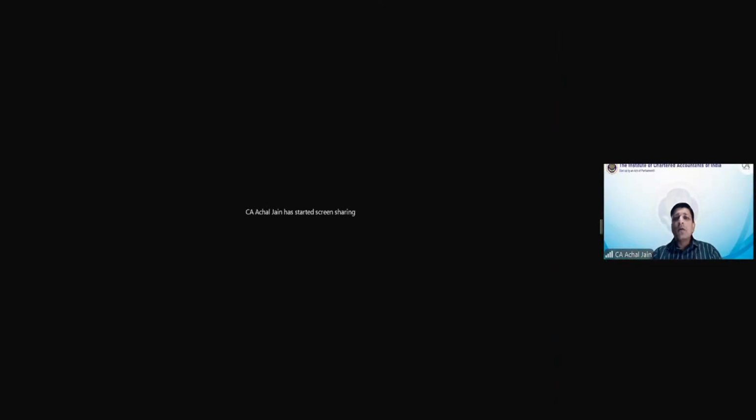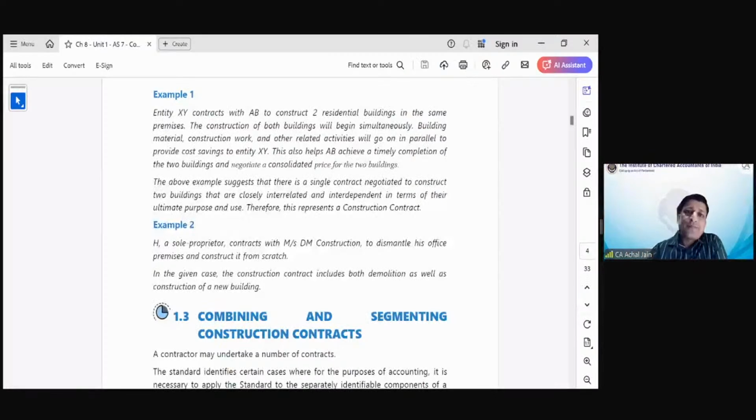All right. So now, if you look at this example one, entity XY contracts with AB to construct two residential buildings in the same premises. Construction of both the buildings will begin simultaneously. Okay, so there are two buildings which are required to be constructed.